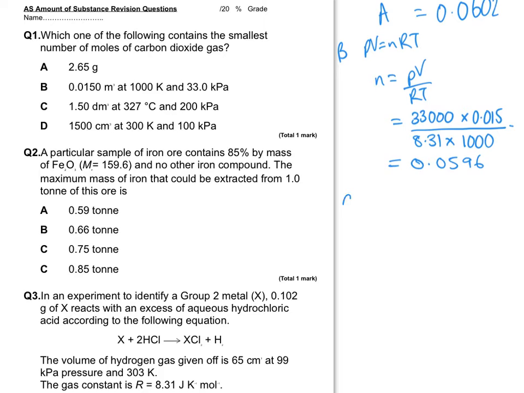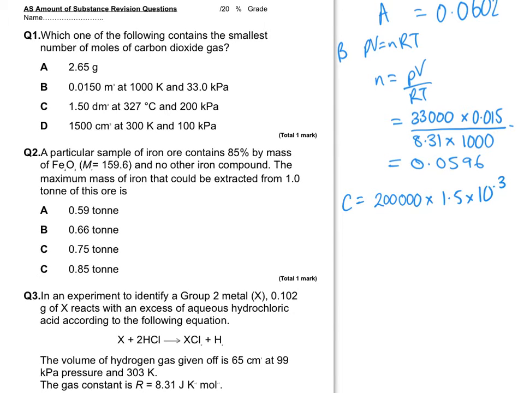C and D are also ideal gas equation questions. So for C, we've got 200,000 pascals times a volume of 1.5. Now this is decimetres cubed, be careful.